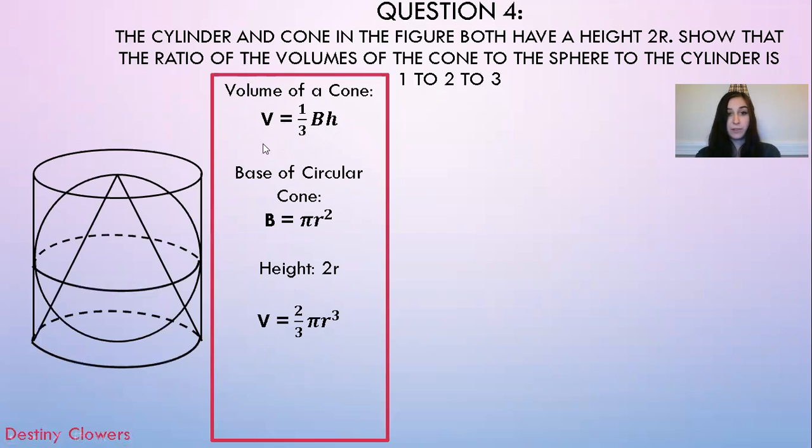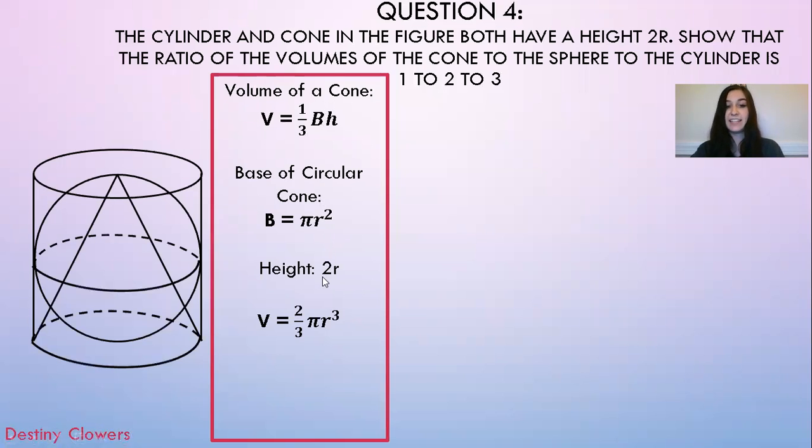Now this is the formula for the volume of a cone. So V equals 1/3 base times height. Now in order to find the base of a circular cone, we're given the formula B equals pi r squared. So this means that we're going to have to find the radius first, and we're going to put it into this formula, and that's how we would find out what our base is for the main formula.